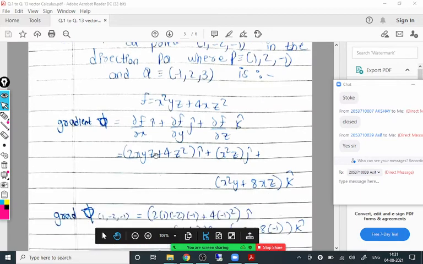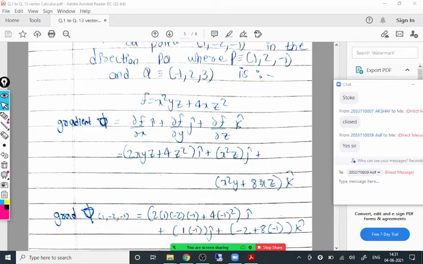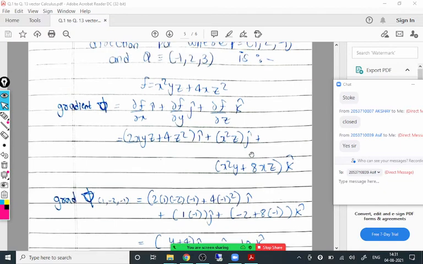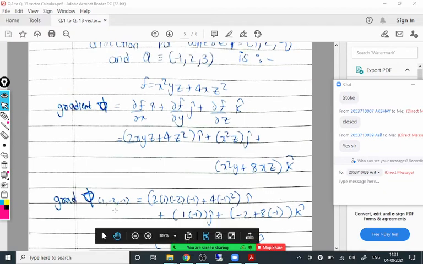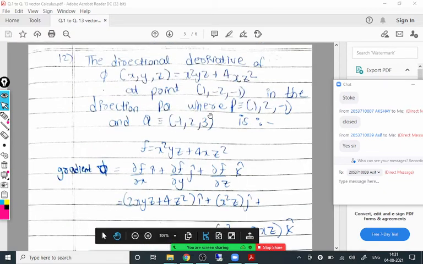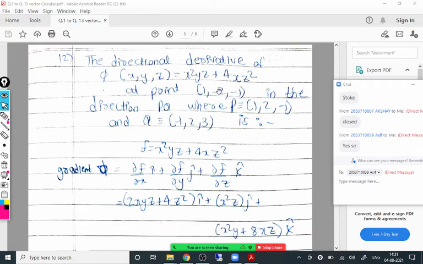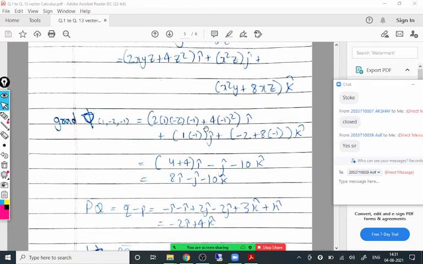That's correct. This is the general gradient, the directional derivative at any point x, y, z. We want that directional derivative at the point 1, minus 2, minus 1. So just replace and we get this vector.